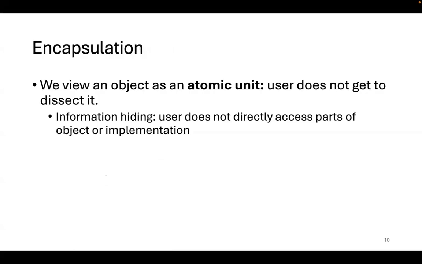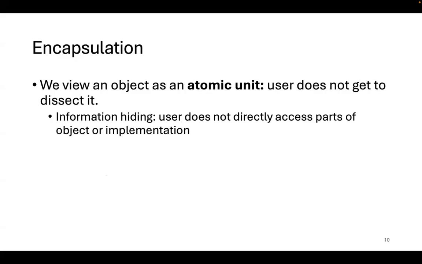So for encapsulation, we want to view an object as an atomic unit. If you think about an atom, it's got protons, neutrons, and electrons, right? And generally, an atom is the smallest unit of matter.